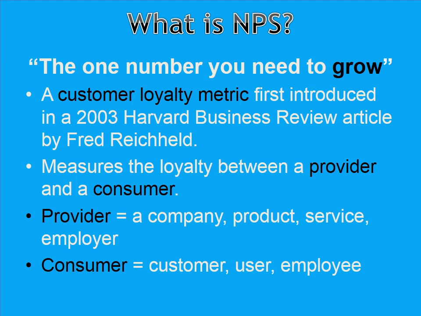The provider in this situation is a company, a product, a service, or an employer. A consumer is the customer, a user, or an employee. So NPS will measure the loyalty between the consumer and the provider. In our case, Influitive is the provider and you are the consumer.